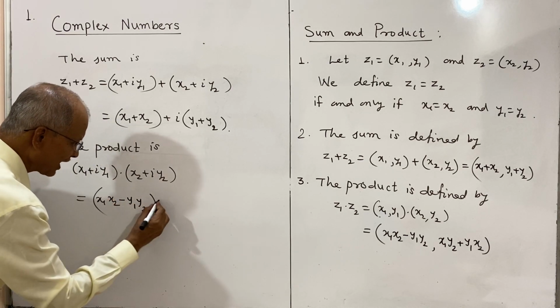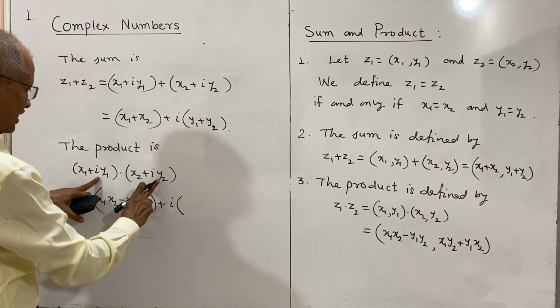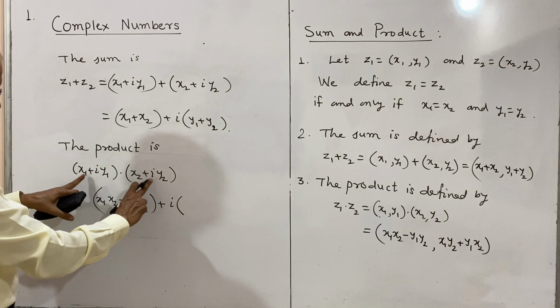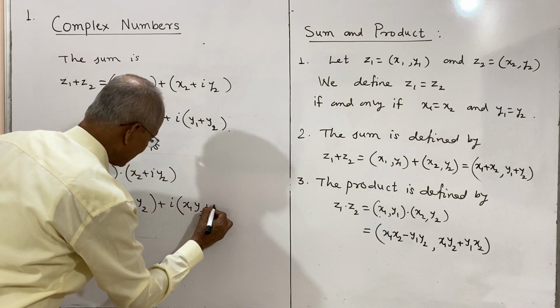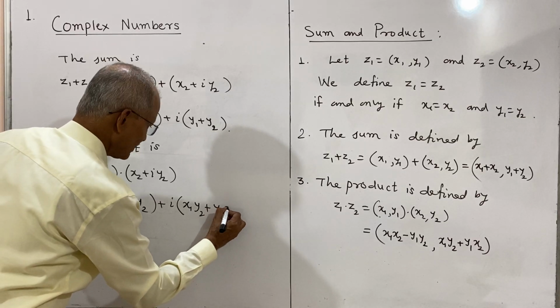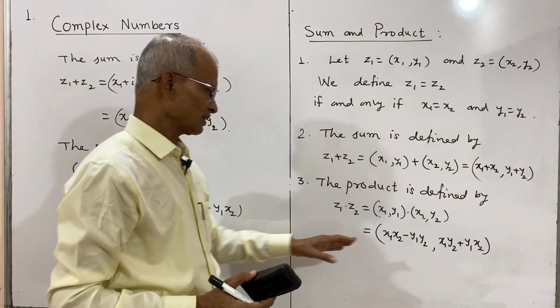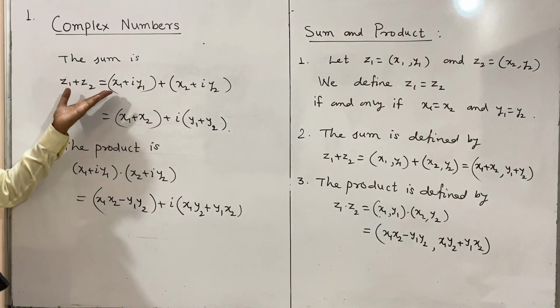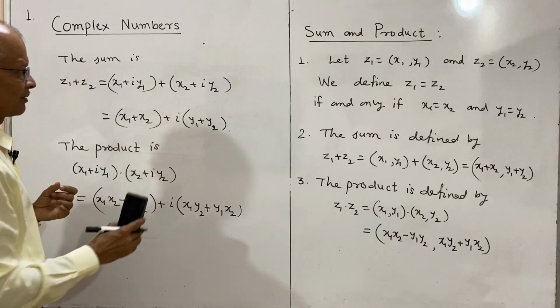This will be the real part, and if you take i common, then it will be x1 y2 plus y1 x2. It's easy to verify this. So this is the same. So in this way we can define sum and product of two complex numbers.